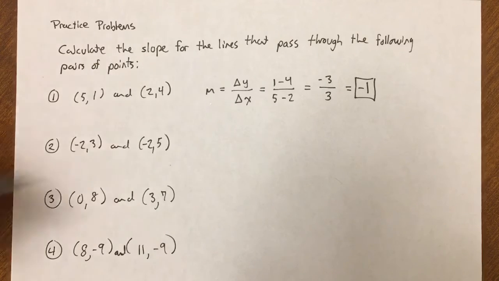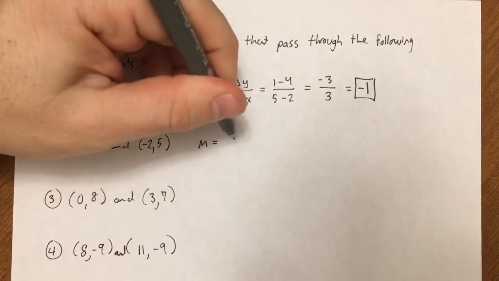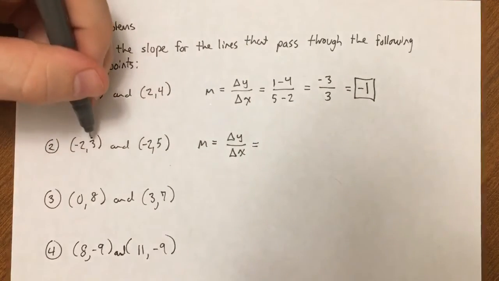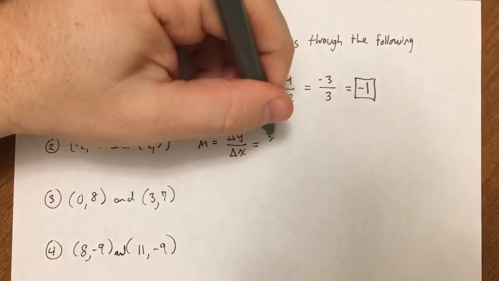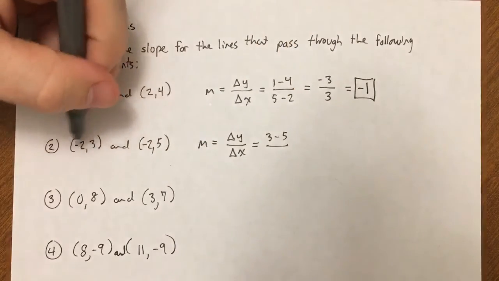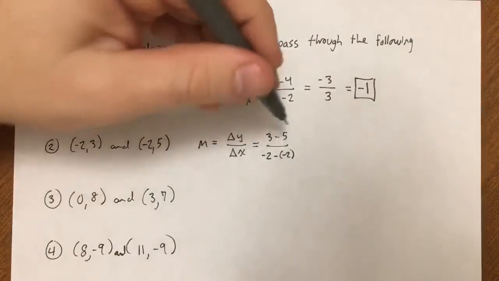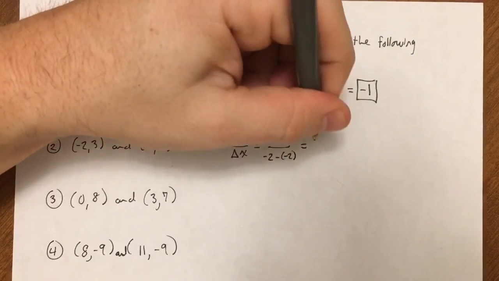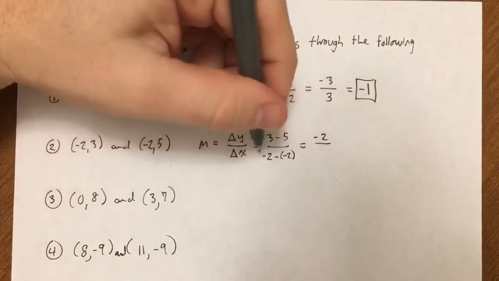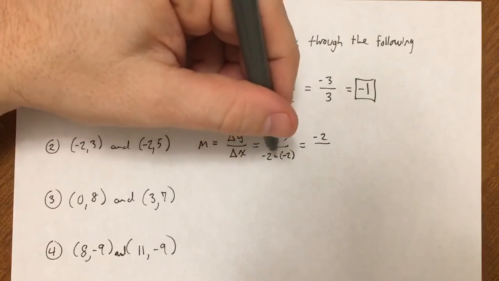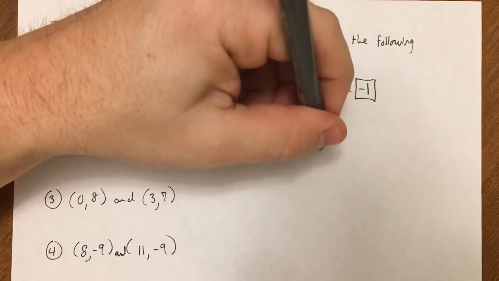Let's try number 2 now. m equals delta y over delta x. We're going to do 3 minus 5 for our y coordinates, and then negative 2 minus negative 2. 3 minus 5 gives us negative 2. But negative 2 minus negative 2, well, that's keep, change, flip. That's negative 2 plus 2, which is 0.